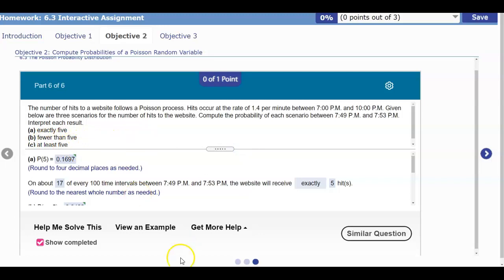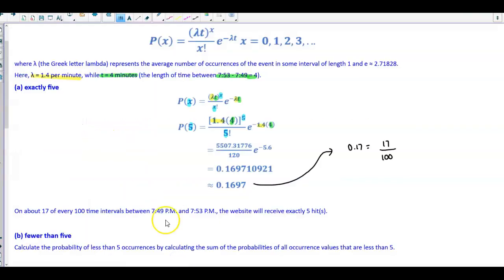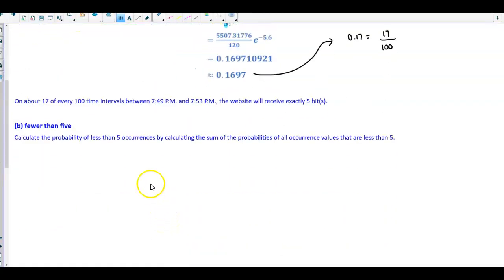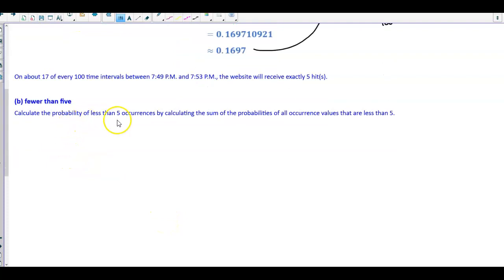Now we need to find fewer than 5. To find fewer than 5, we have to calculate the probability of less than 5 occurrences by calculating the sum of the probabilities of all occurrence values that are less than 5.